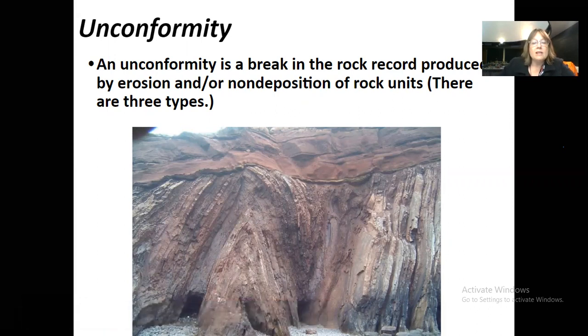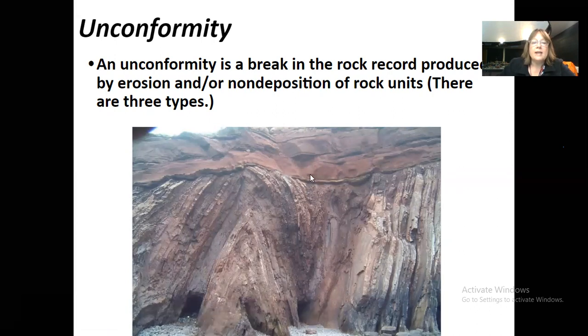But because they have been folded, there was also involved what's called uplift, where there was vertical displacement of the rock units. They were lifted well up above the level of the ocean so that the surface became eroded. And that's what this is right here. This is an erosion surface.